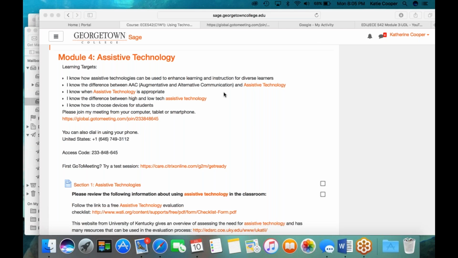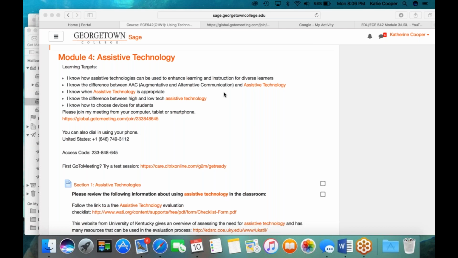Picture symbols that kids use for like a picture exchange system, sign language, single switches, multiple switches, all of those things are AAC. And so there is a distinct difference between assistive technology and AAC.